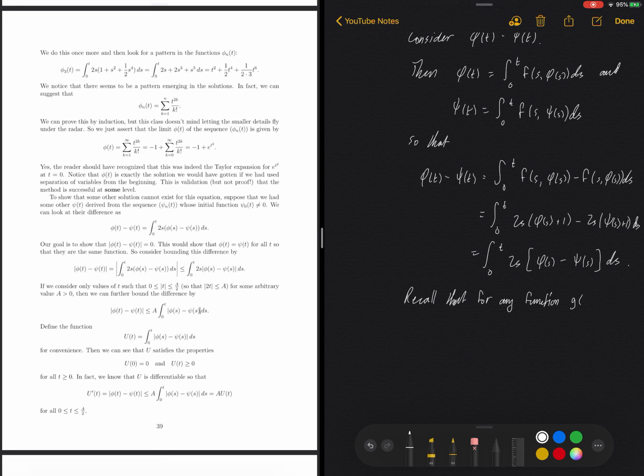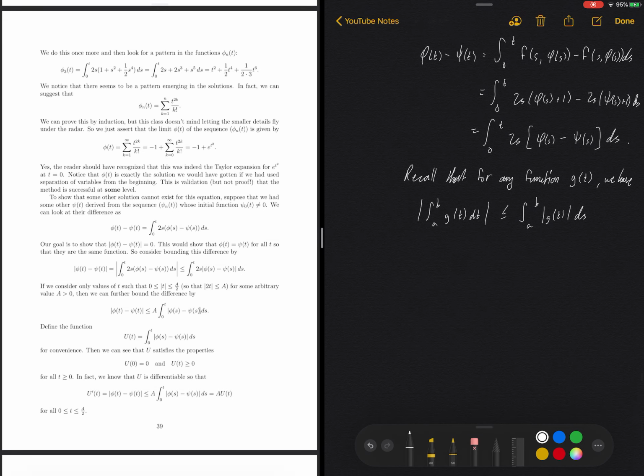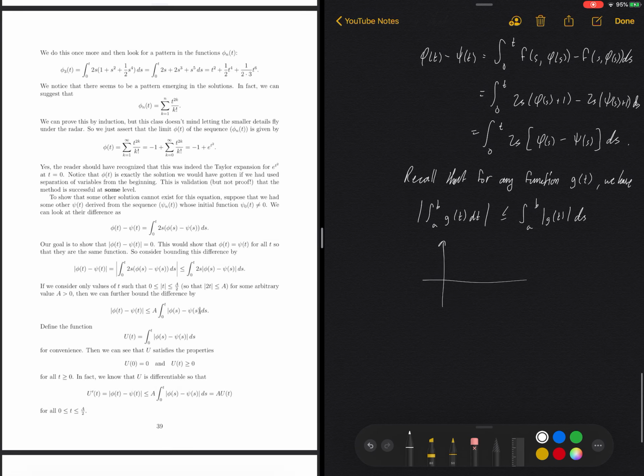Recall that for any integrable function, and continuous functions would be a good collection of functions to work with, call this g of t, the absolute value of the integral of g of t dt is bounded by the integral of the absolute value of that function. Why? Well, let me just draw a quick example.